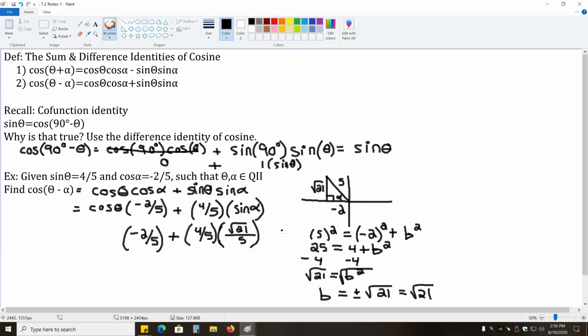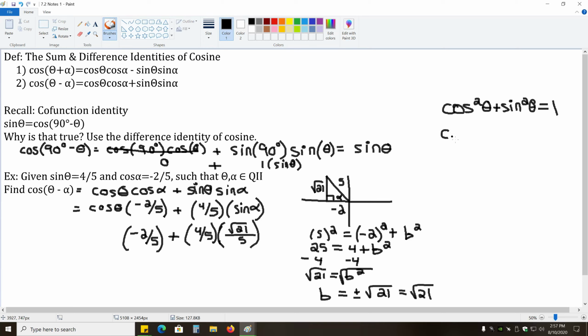Now, how can we find cosine of theta? Well, again, we could construct another triangle, but I'm going to go ahead and show you the other choice. The other choice is to use our Pythagorean theorem, which says we take cosine squared theta plus sine squared theta, and the result always has to equal 1.